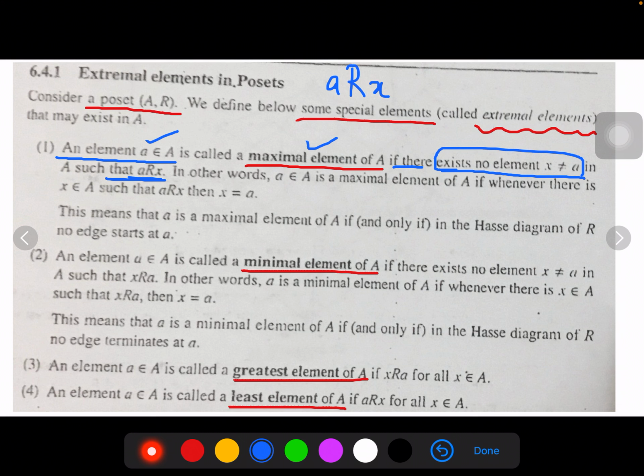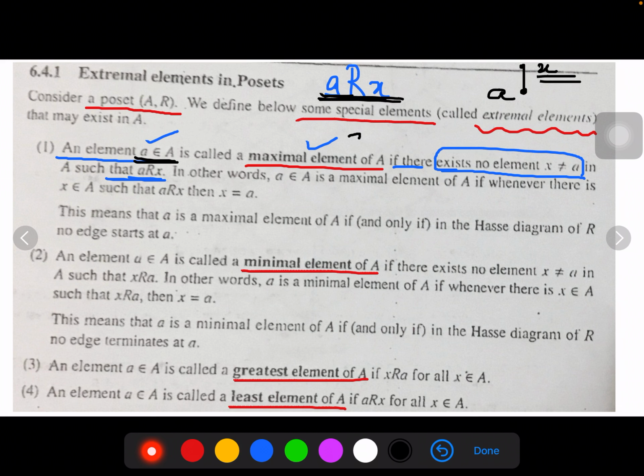When you write this point with respect to the diagram, x will be above a. That cannot be, because we are saying that a is a maximal element. So there should not be any element of this kind.